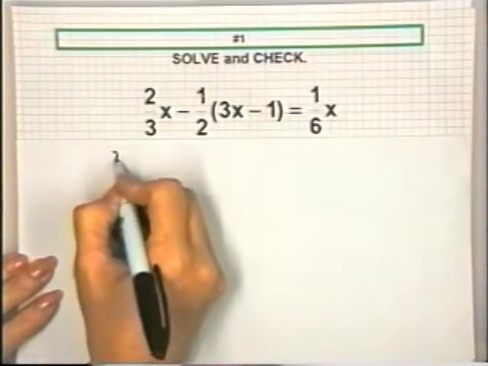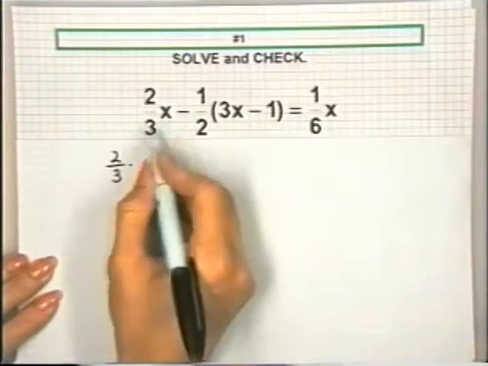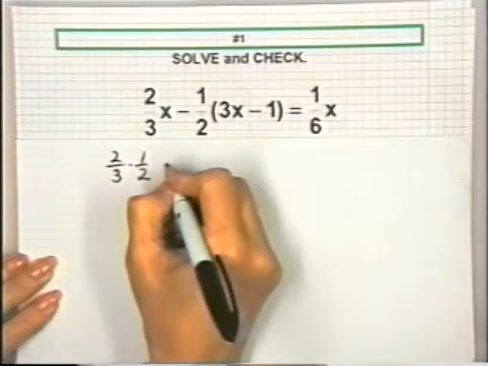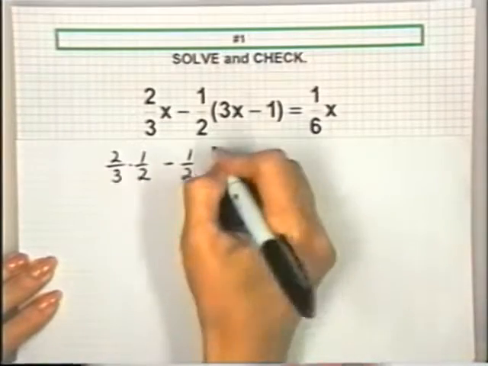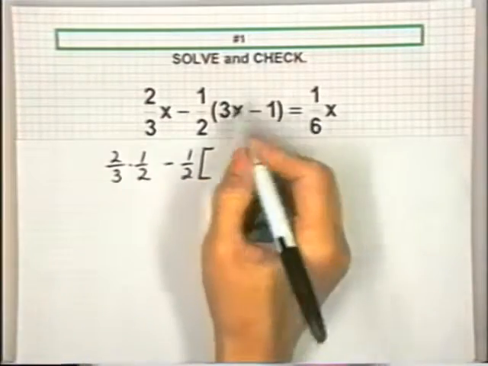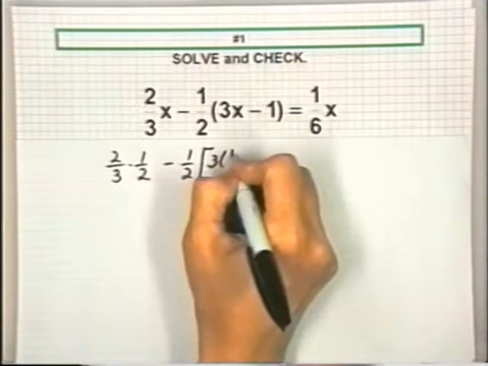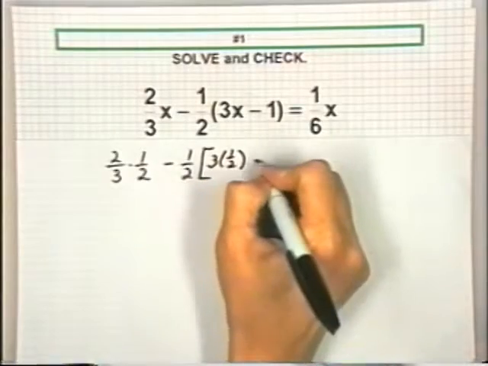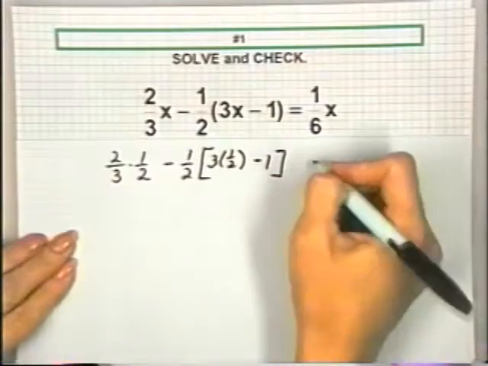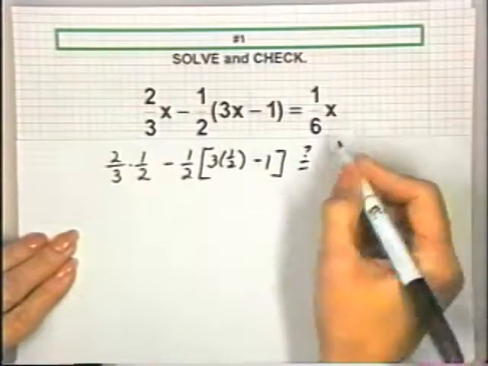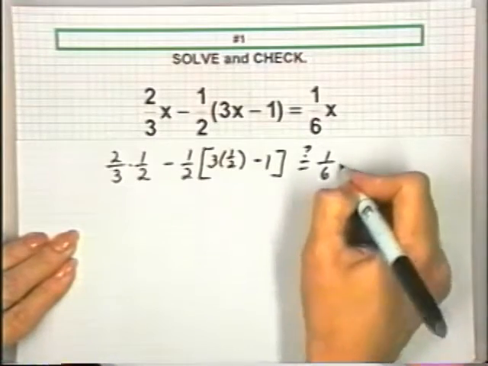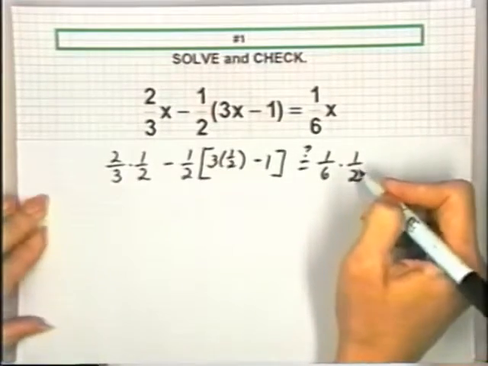So I will have 2/3 times 1/2, subtract 1/2. Once again, I'm going to use brackets. I'm going to have 3 times 1/2, subtract 1. Does that equal 1/6 times 1/2?